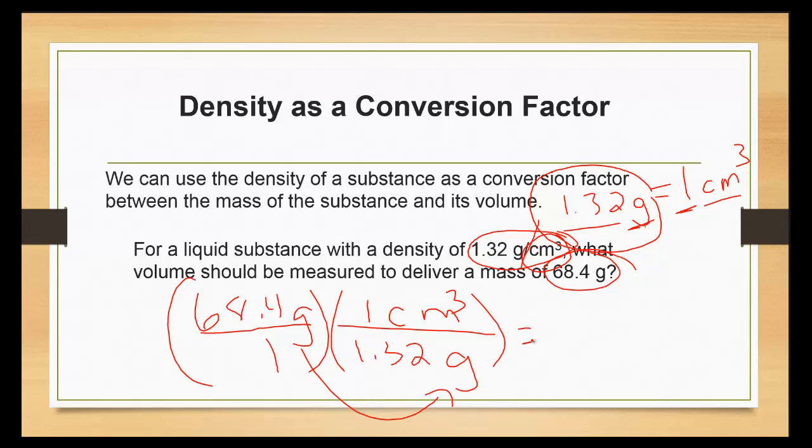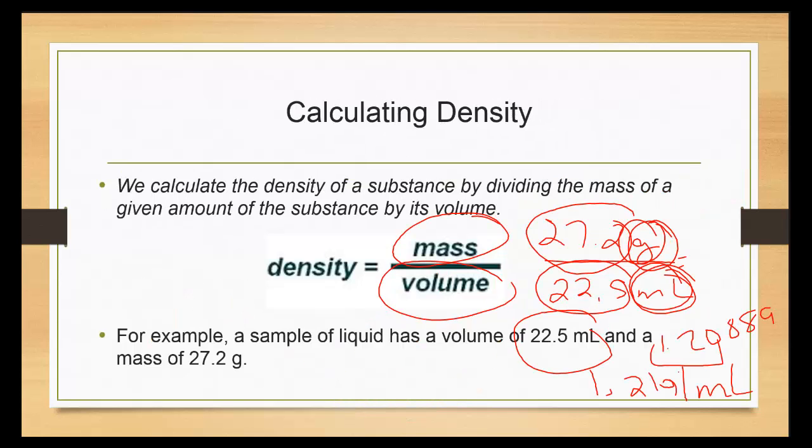So 68.4 divided by 1.32 comes out to be 51.8. There are three significant figures, so I'm going to keep it at three figures. Centimeters cubed. The grams cancel out, and you're left with centimeters cubed. You could either use density as the conversion factor, or as previously noted, the equation density is equal to mass over volume.